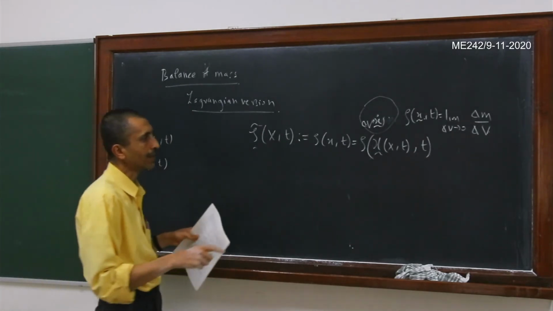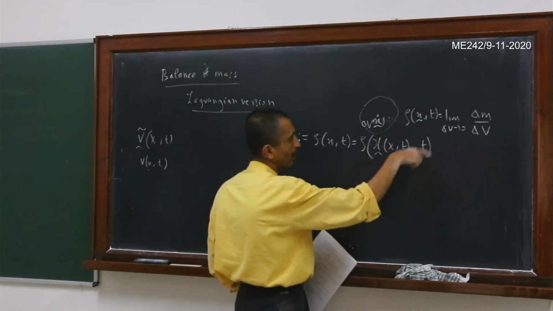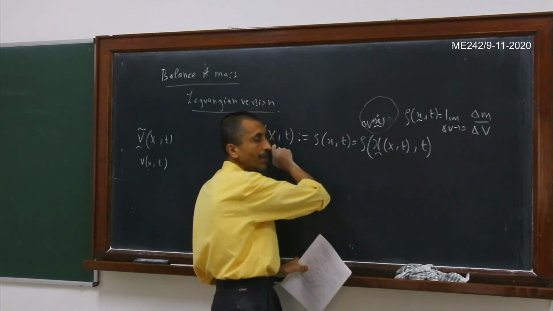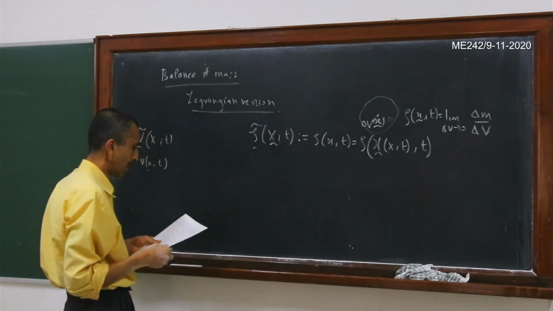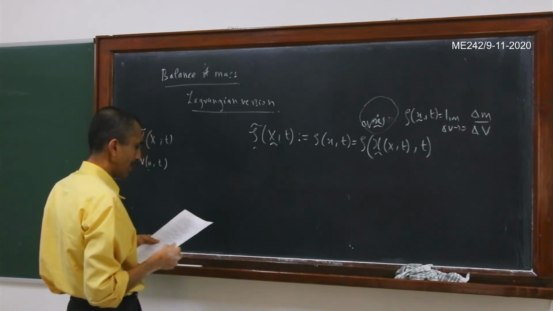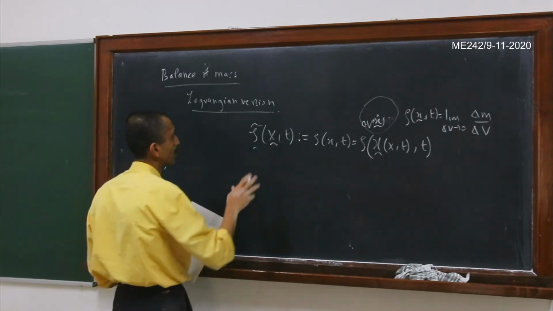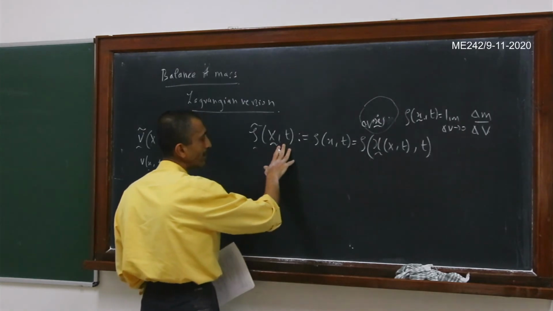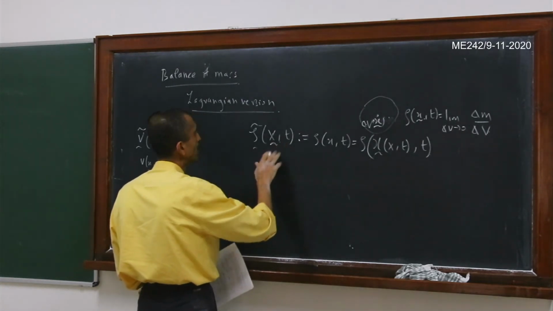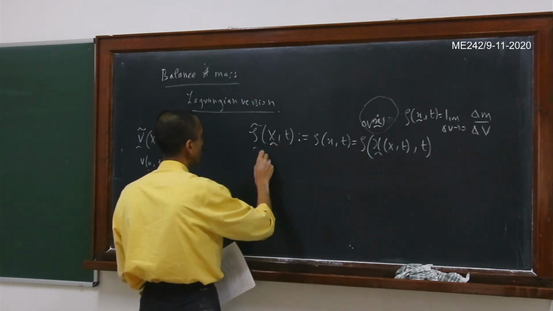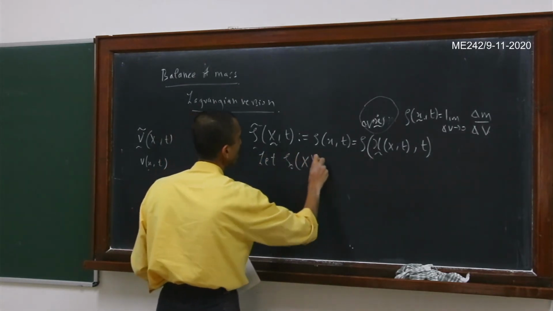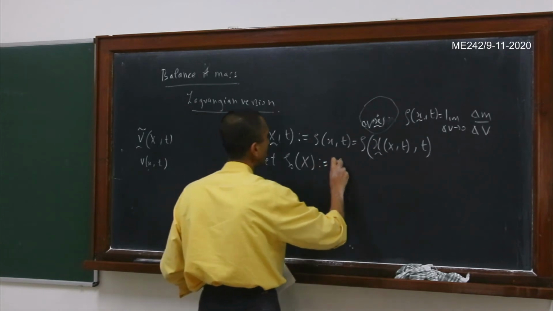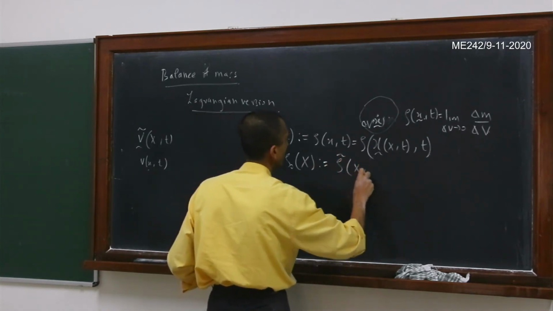Whatever function you get as a function of capital X, I am calling rho tilde. Then if I evaluate this rho tilde at time t equal to 0, I will call that rho 0. So let rho 0 of X be rho tilde of X comma 0.